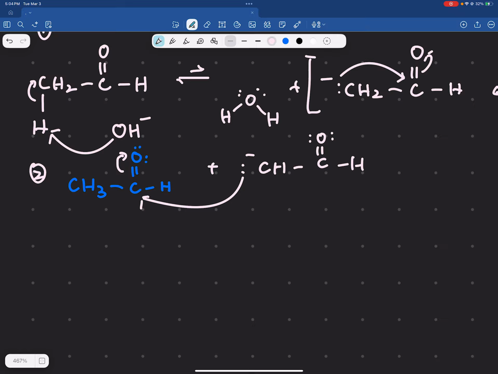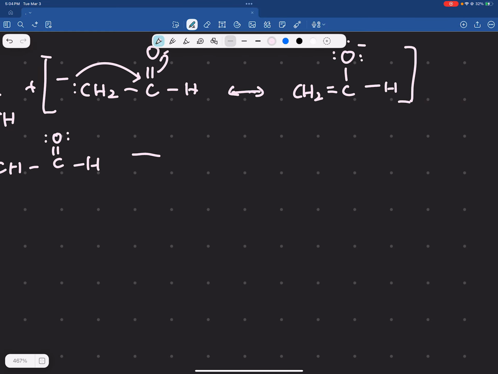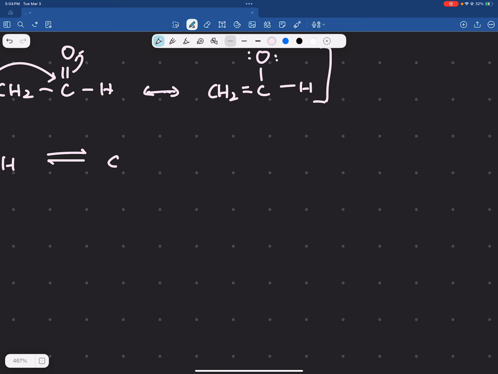It's going to create a new bond between the nucleophilic carbon and the electrophilic carbon, and form a tetrahedral carbonyl addition compound.